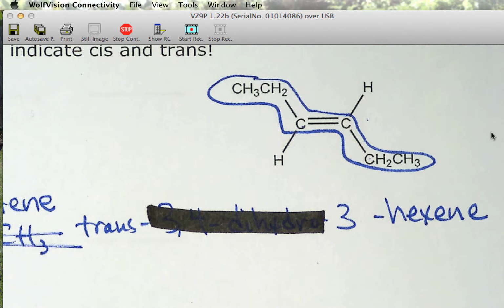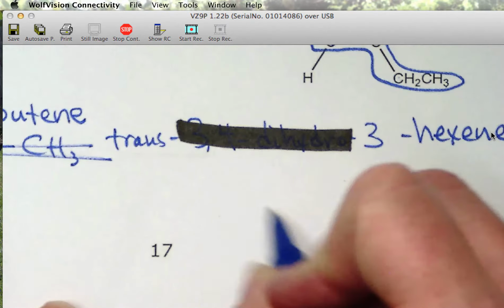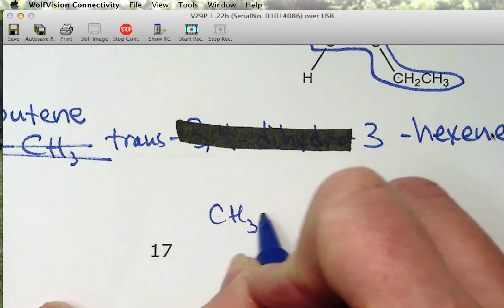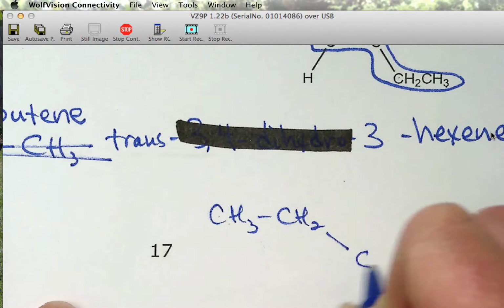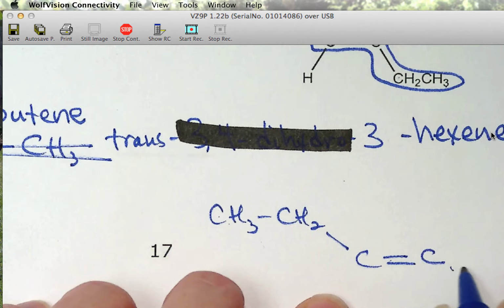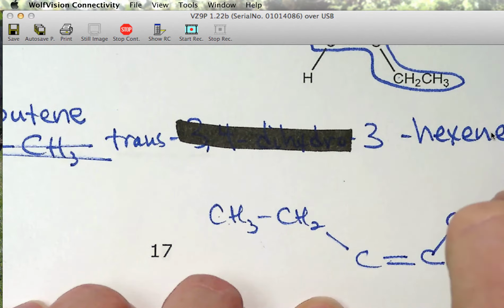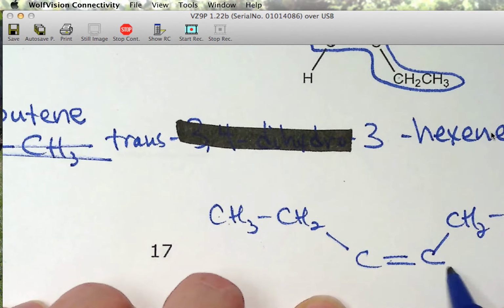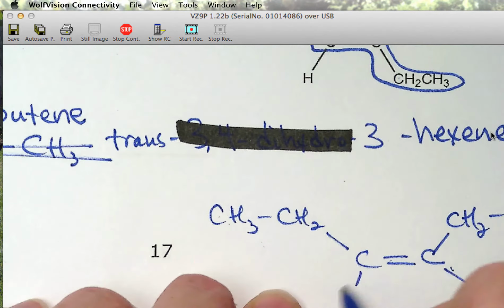Well, you could do carbons too. You could have something like this, as long as there are 2 groups that are the same.